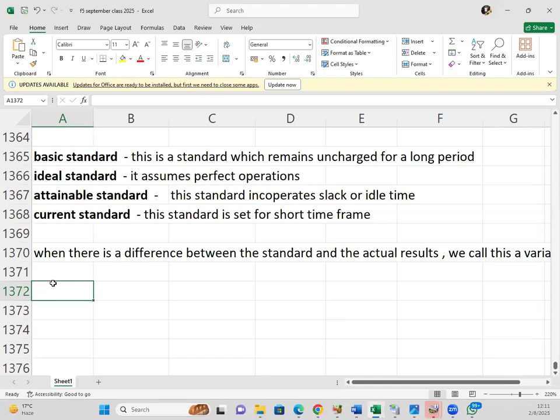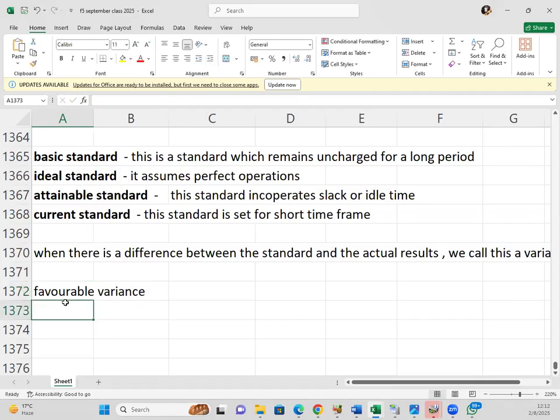So if it's a good variance, because in some cases it could be good, it can be bad. If it's a good variance, I'm sure you know that it is a favorable variance.